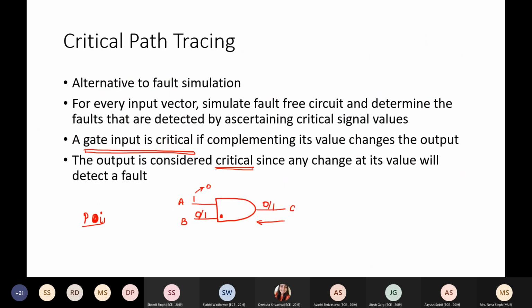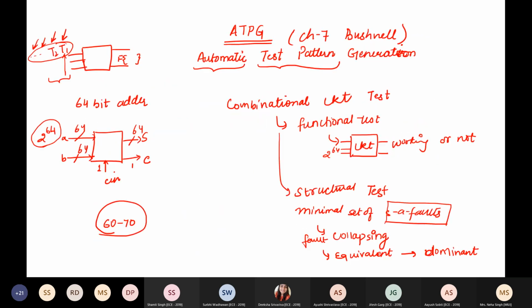So that is all for today. Quiz का time क्या रखना है on Sunday? 10 a.m. is fine. 12. Okay. So at 12 noon on this Sunday, that is 13th, you will have the quiz for fault modeling and fault simulation. Critical path tracing will not come in that, only till fault simulation.